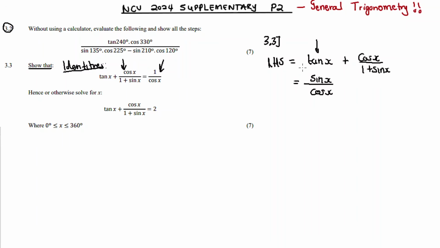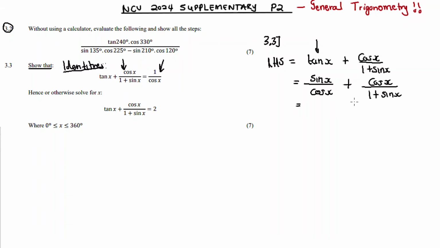Whenever you see tan, make it a point to change it to its identity of sine over cos, like in this instance, where we are solving for identities. We also had a tan on the previous question. In such cases, you do not have to change it, but you can change it where you are dealing with identities in most cases. Plus cos x over 1 plus sine x, let's continue.